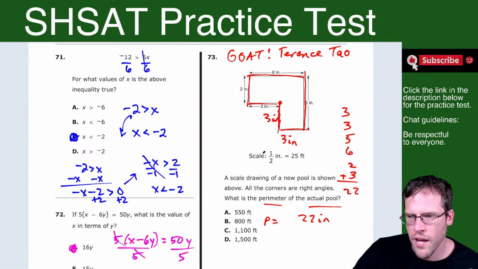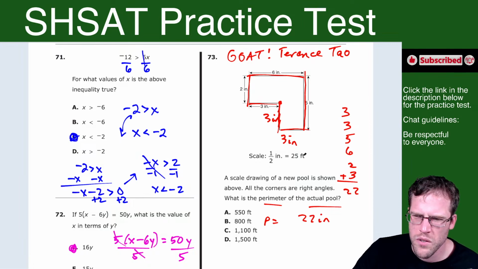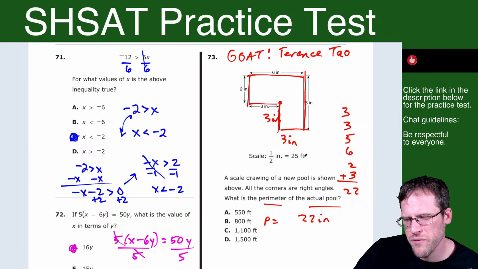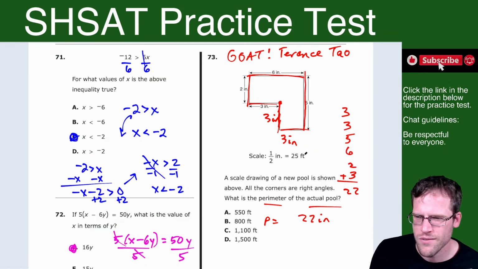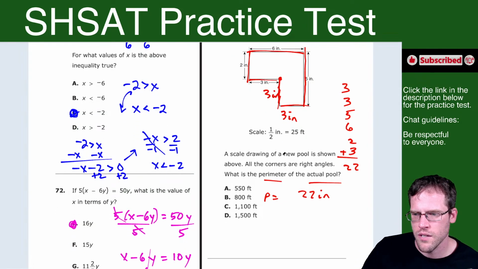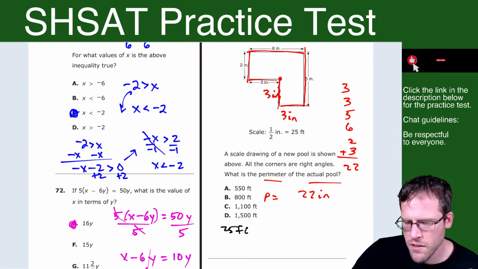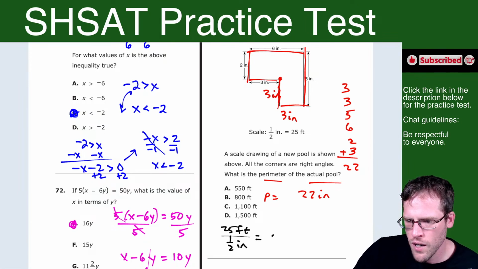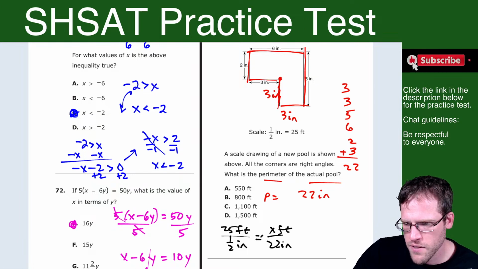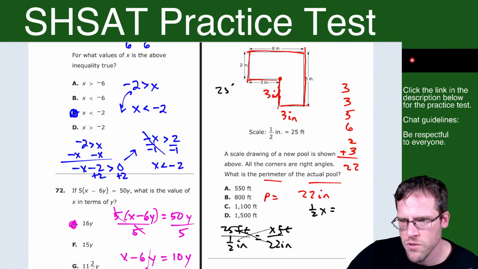Okay, but what they're telling us here is every half inch is 25 feet. So really what we need to do is, I could just multiply this by 44. That works. Or I'll just do a proportion. So the scale, 25 feet, corresponds to a half inch in the diagram. So we've got 22 inches corresponds to x feet. So I would have a half times x equals 25 times 22. So now we have to multiply.